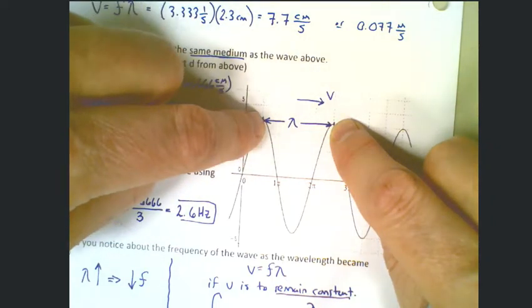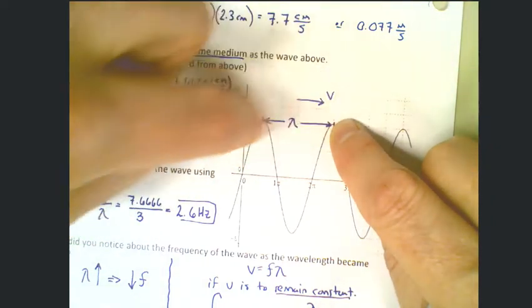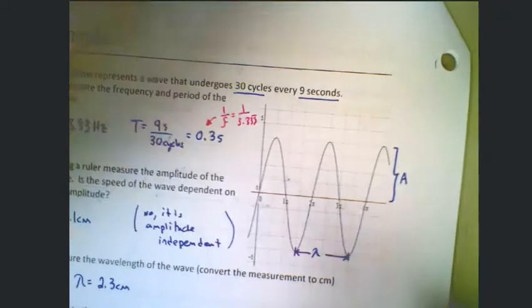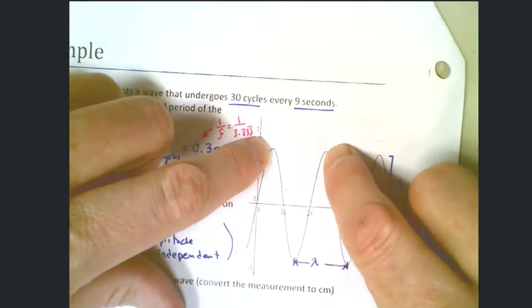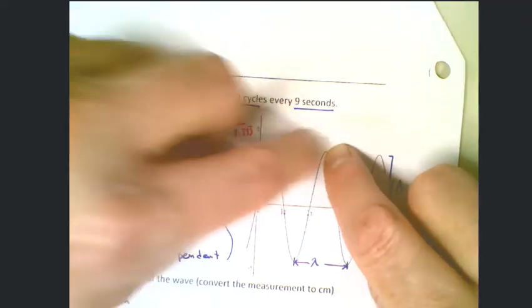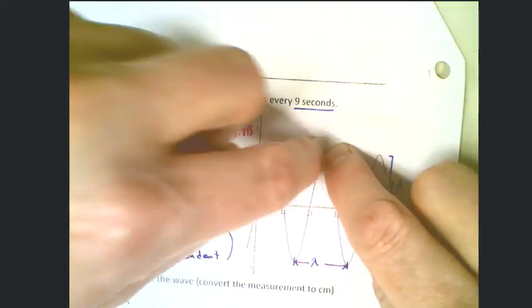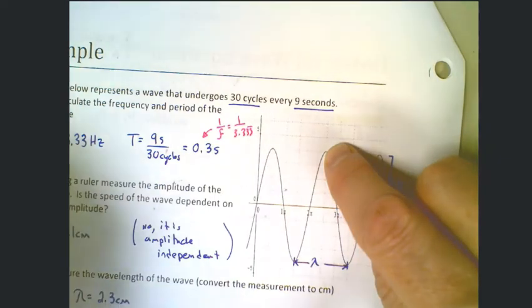So as the wavelength's bigger, the frequency drops because they're hitting you less frequently. Whereas in the previous example, the wavelength's shorter, and therefore because it's moving at the same speed, the waves are going to hit your finger at a higher frequency, a higher cycle per second rate.